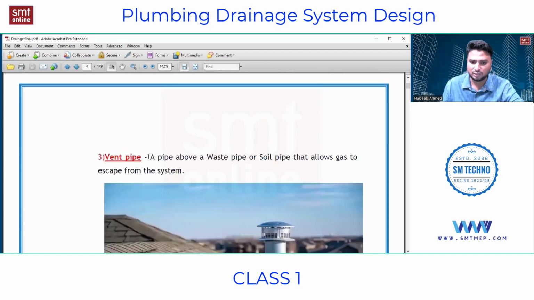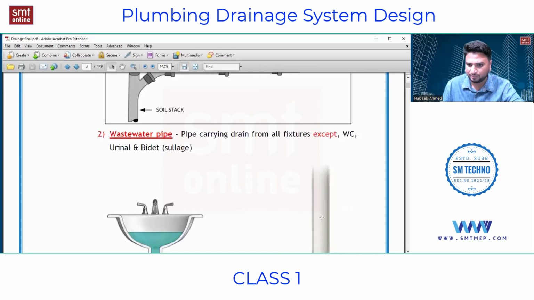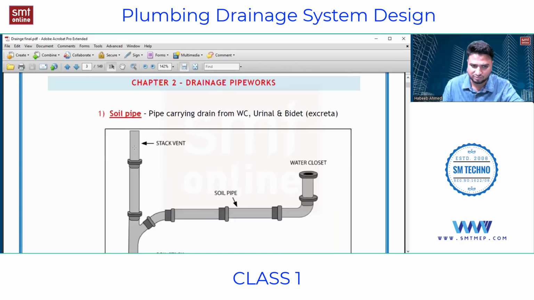Vent pipe is nothing but a pipe above a waste pipe or a soil pipe that allows the gases to escape from the system. For example, I can say this is a vent pipe, or else consider this as a vent pipe. What happens whenever the flush happens?